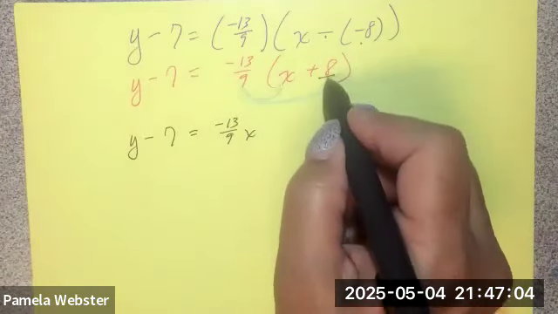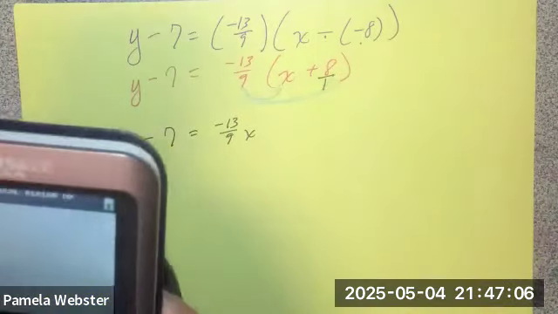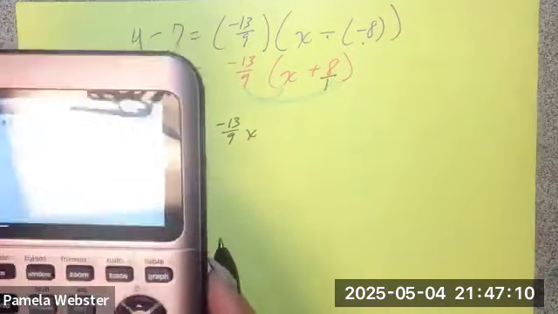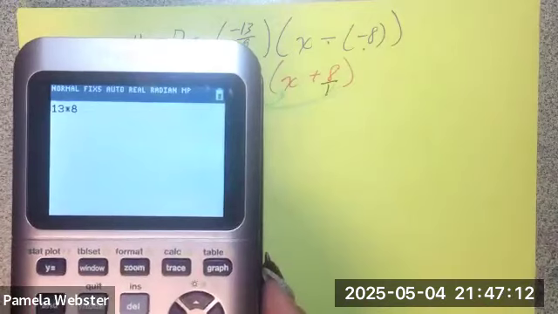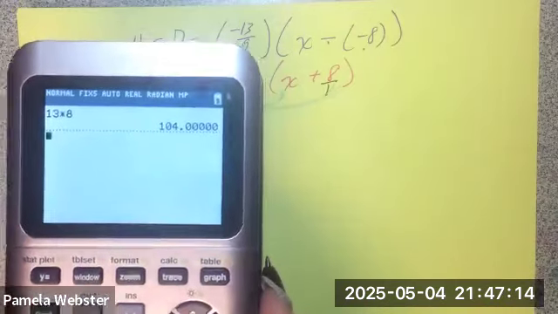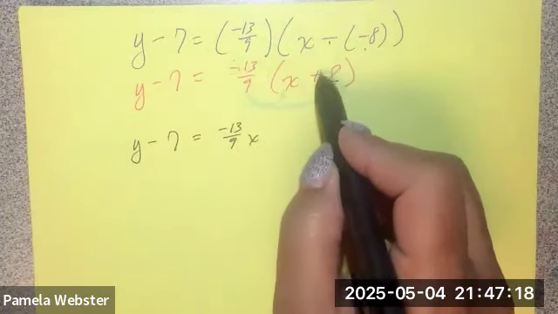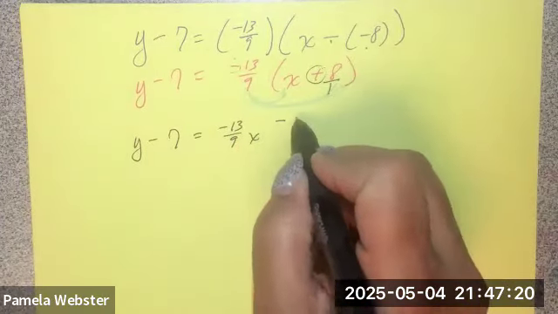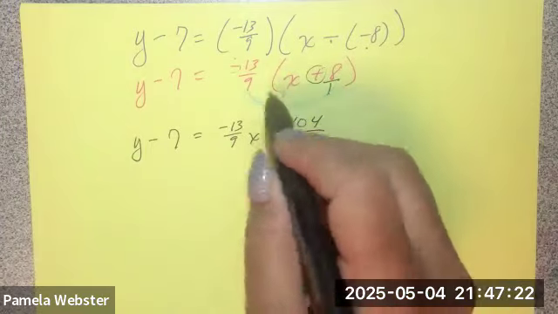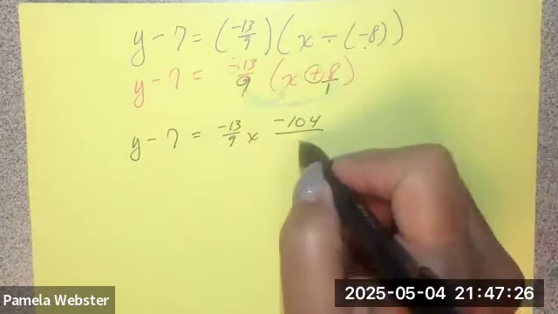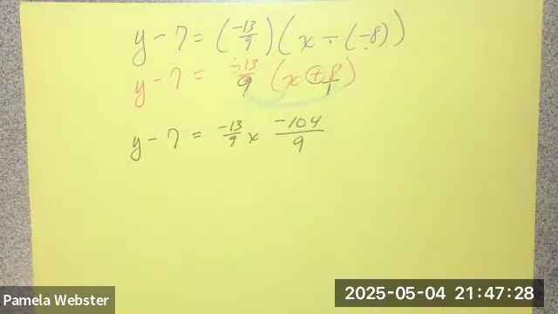I'm going to stick that 8 over 1, and I'm just going to plug this into my calculator. It's too late in the semester, and I'm too tired to be doing any of that in my head. So 13 times 8 is 104, and it's a -13 times a positive 8, so -104, and on the bottom, I've got 9 times 1, that's a 9. Remember, top times top, bottom times bottom whenever I'm doing these fractions.